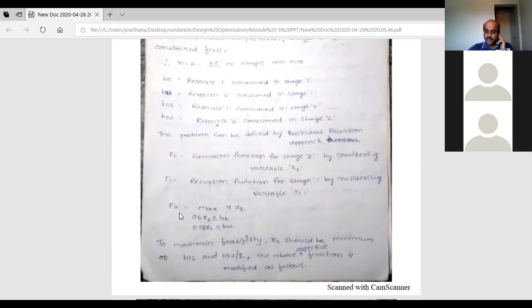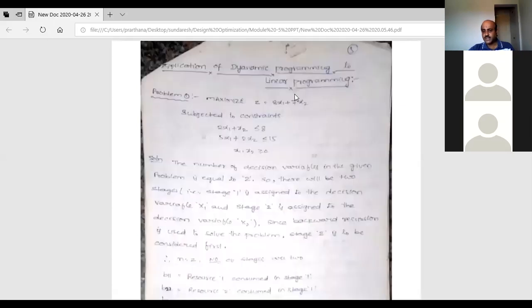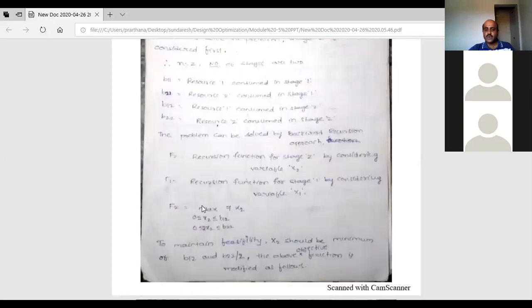Therefore, we are taking F2 equal to the maximum of 7x2, where 7x2 is the function. See here, the function z is equal to 8x1 plus 7x2. Am I right? So we are starting with the last stage. 7x2 is the recursive function for stage 2, considering the variable x2 only. Therefore, F2 is equal to the maximum of 7x2.